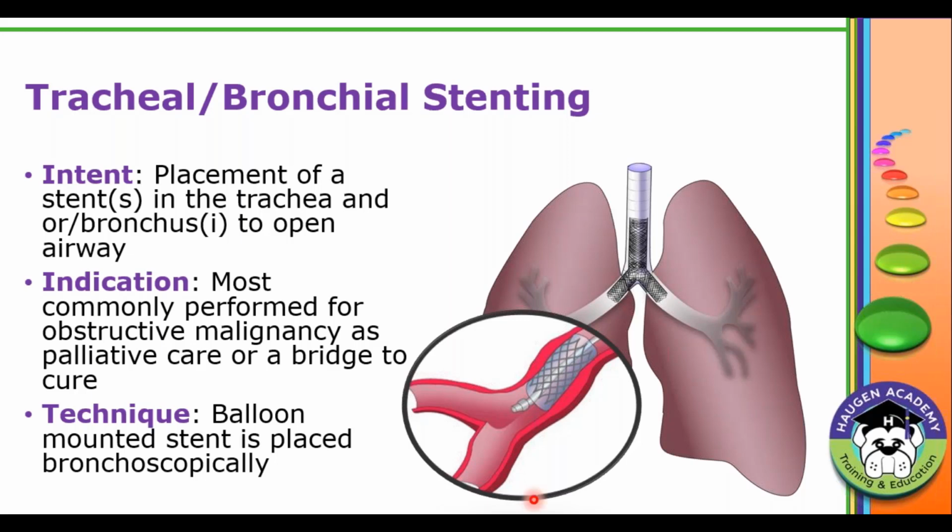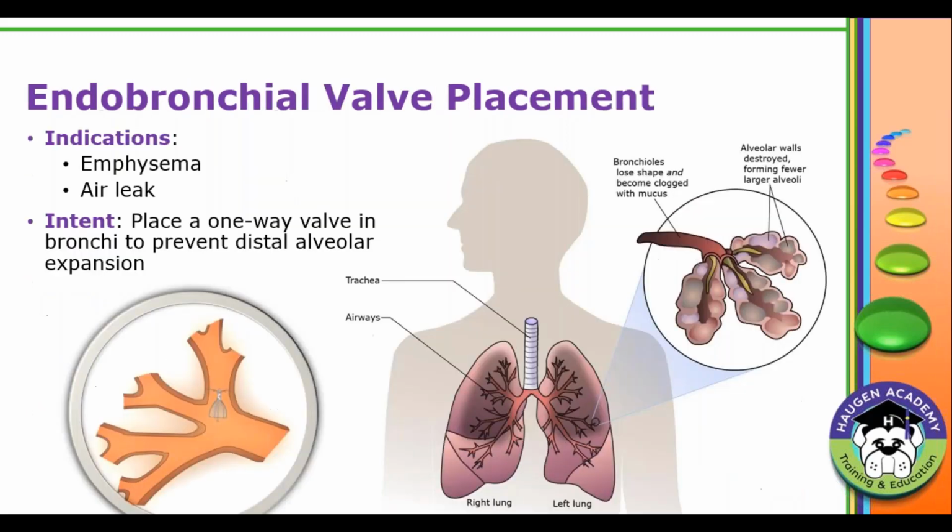The inset picture here shows the catheter, the stent mounted on a balloon being placed into the airway and then expanded. And what we're left with here is lattice work. They look to me like little rolls of chicken wire or chain link fence that get stuck inside the airway to help hold it open.